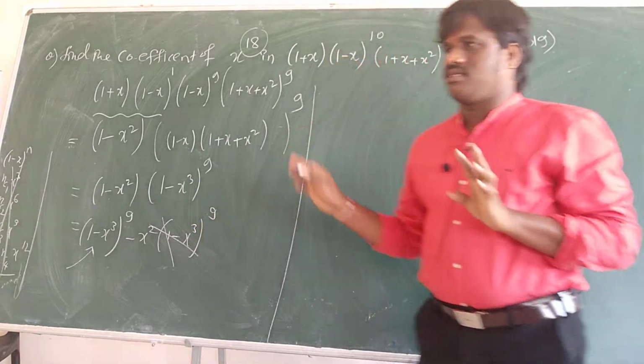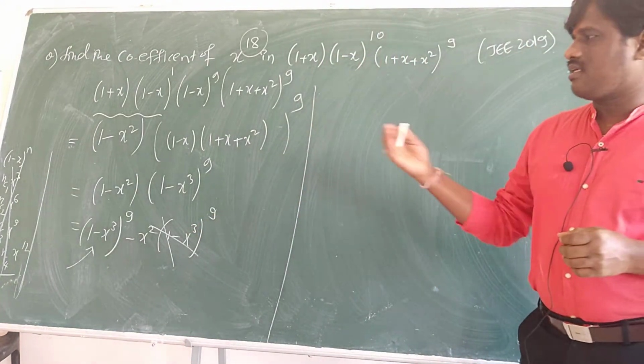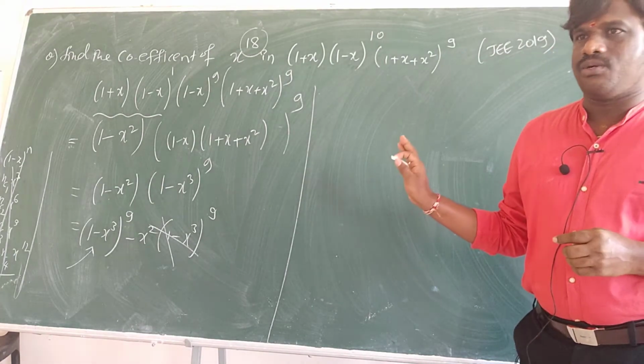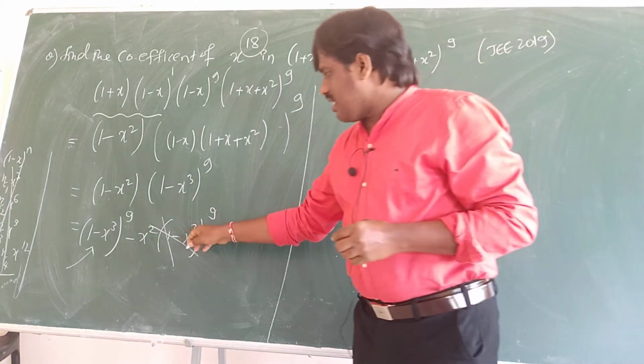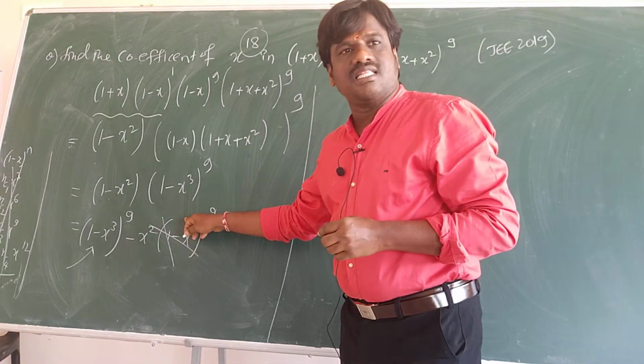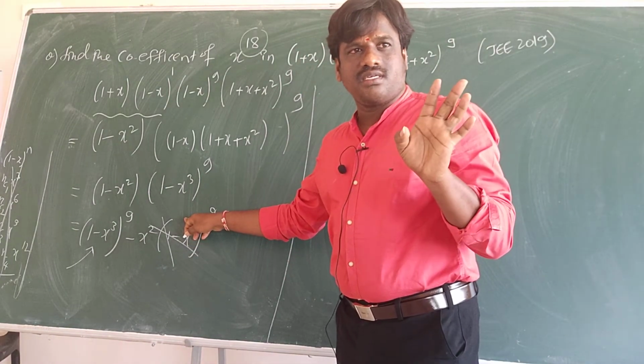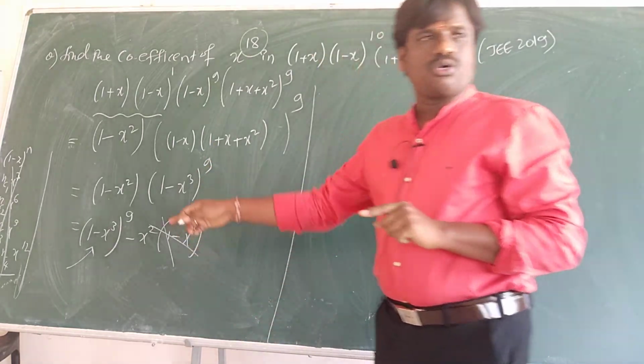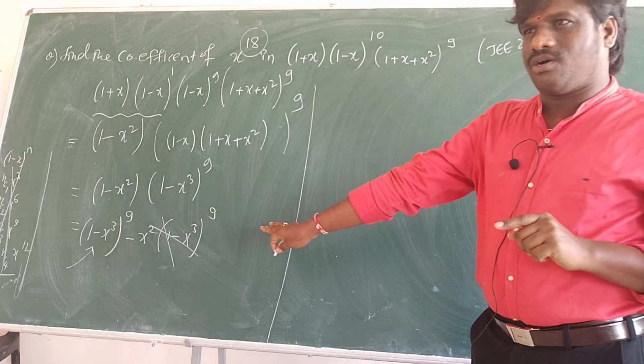From the first one you have the answer, from the second one you don't have the answer. The reason is, you will not get x power 16 in this. So I will get the answer from the first. Did you understand all? Yes.